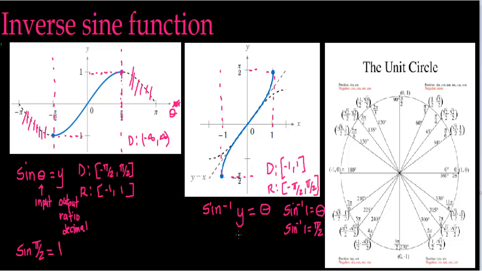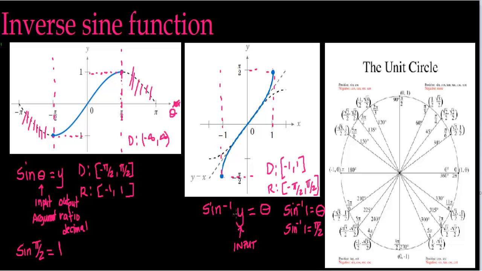And this here is your input now. Before, over here, y was your output. Now y is your input. Notice how it's placed where the argument goes. This input here, we can also call the argument. I didn't mention that before.